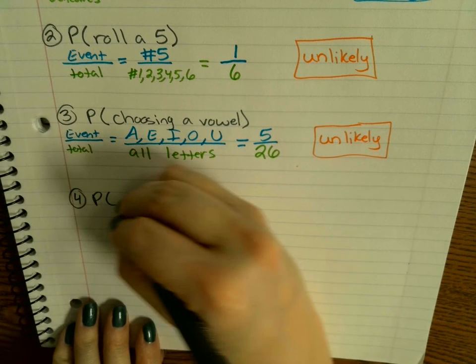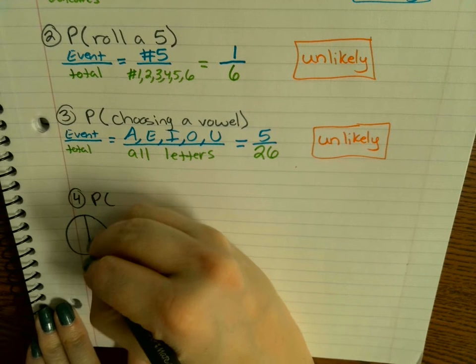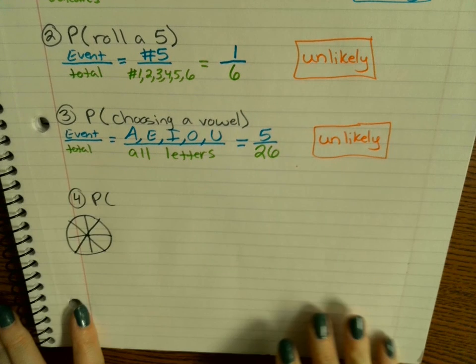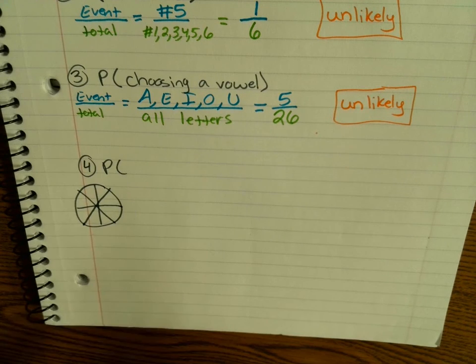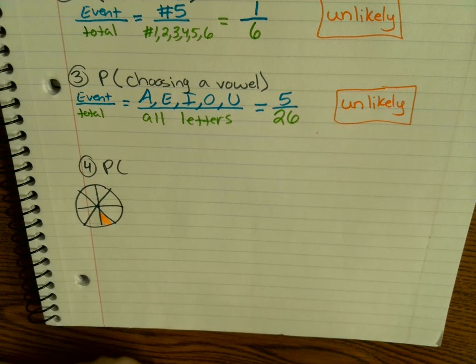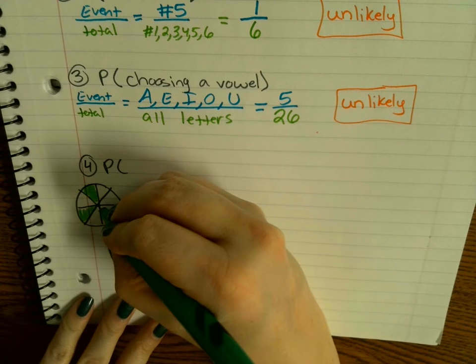Probability that we're going to have this lovely little spinner here. There's orange. We've got green, green, green here.